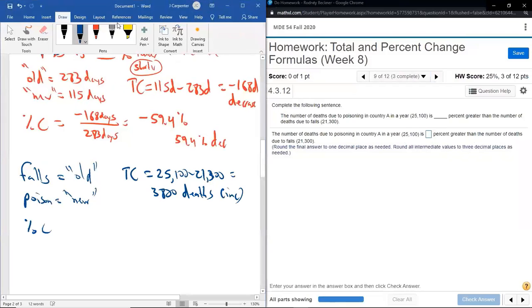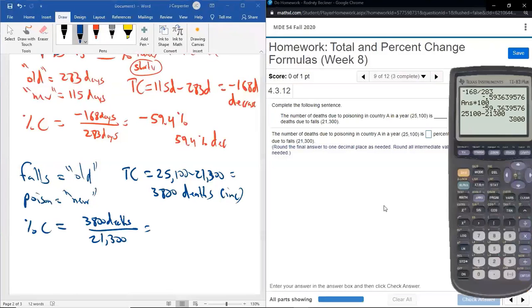Then the percent change would be the total change of 3,800 deaths divided by what we were calling the original, which was falls, the 21,300. We can just do divided by 21,300, times 100 to get to a percent, or just move the decimal right twice.